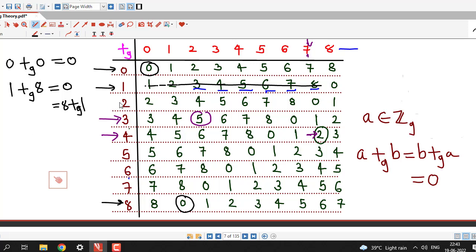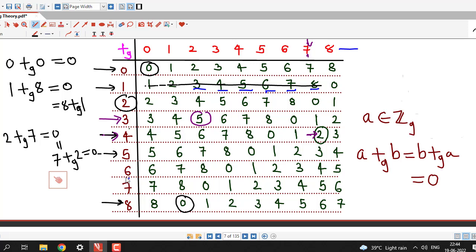Similarly for 2 we obtain 0 here, that is 2 plus 7 equal to 0, and if you observe 7 plus 2 is also 0, that is 2 and 7 are inverses of each other with respect to addition modulo 9. Similarly for 5 we obtain 0 here, that is 5 plus 4 is 0, and for 4 we obtain 0 here, that is 4 plus 5 is 0.